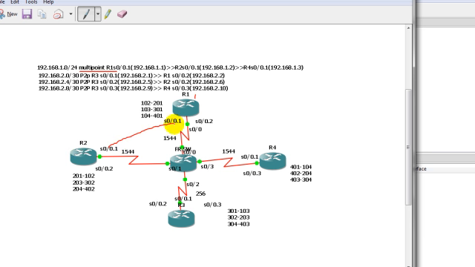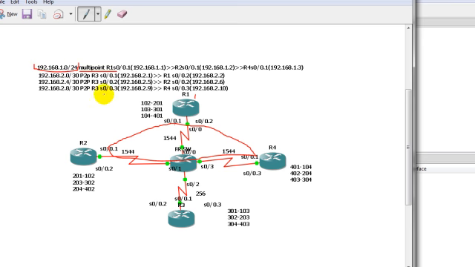Serial 0/0.1 of router 1 connects with serial 0/0.1 of router 2, and with serial 0/0.1 of router 4. So these are multi-point sub-interfaces, with this network address.